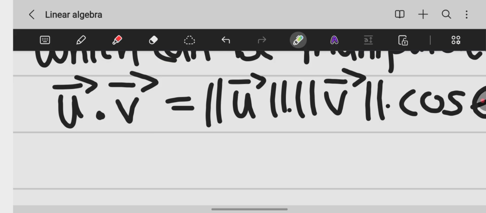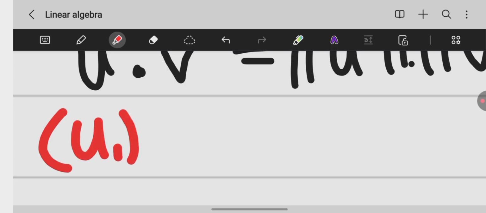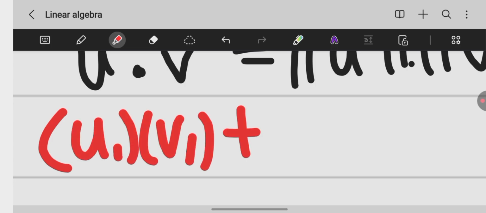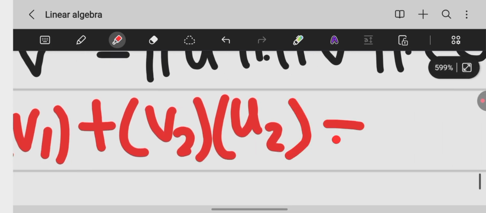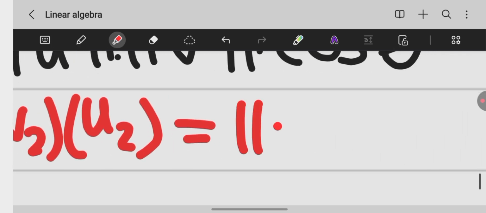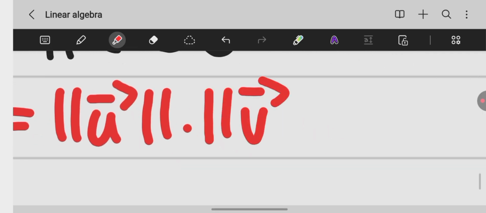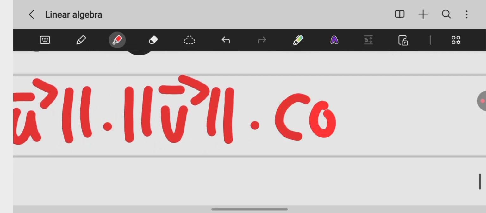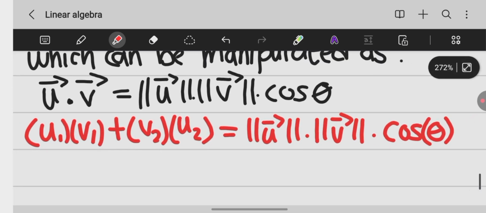So if you're not given the overall answer of your dot product, let's say we have R2, you would have u1 v1 plus u2 v2, which is equal to the magnitude or the length of the first vector multiplied by the magnitude or the length of the second vector and the cosine of the angle between the two vectors. So it can be manipulated like this. It just depends on what's given to you and what you can make out of what's given to you.